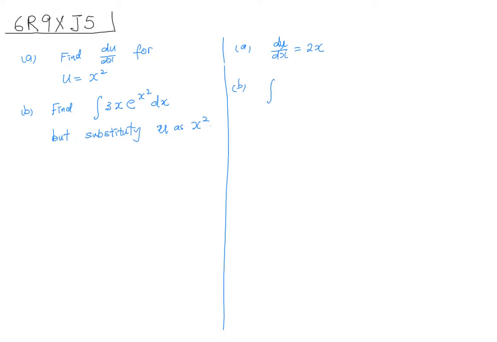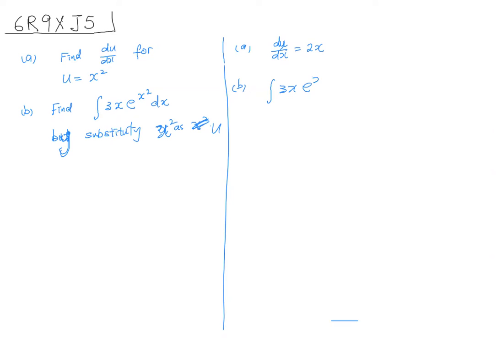So now they say by substituting u as x squared, or x squared as u. So now I will just put 3x e^u. So that is how you're substituting x squared as u.